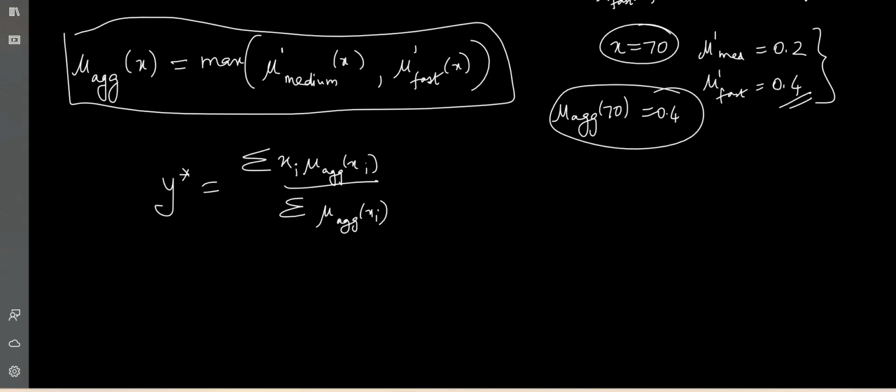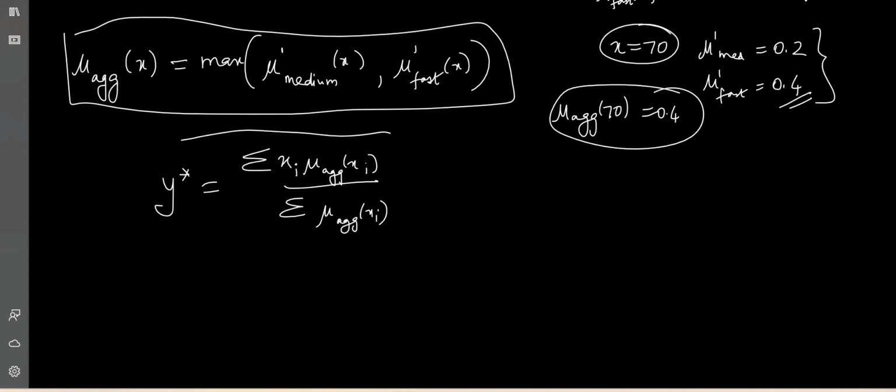So let us say it is 30 into the value at 30, plus 40 into the value at 40, plus and so on, divided by, and I'm now only taking 30, 40, 50, in fact it is each point 30, 31, 32 like that. And similarly divided by the membership at 30 plus membership at 31, 32, like that up to 100.